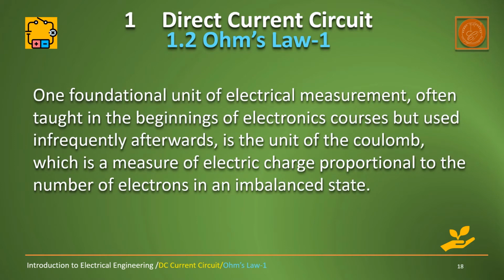One foundational unit of electrical measurement, often taught in the beginnings of electronics courses but used infrequently afterwards, is the unit of the coulomb, which is the measure of electric charge proportional to the number of electrons in an imbalanced state.